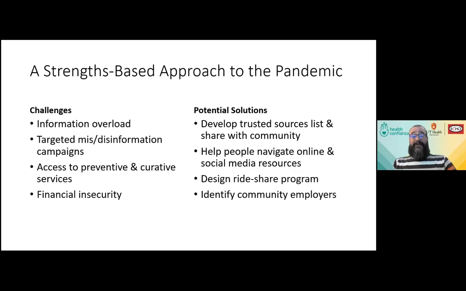And what I'm really hoping is that from this point forward in the rest of our Echo session is we can think about what are some of the strengths that exist within our communities, and how can we match those to the challenges of the pandemic that we've been facing, so that people don't feel overwhelmed, can see themselves in the solutions to public health problems around access to vaccines, access to information, and otherwise.